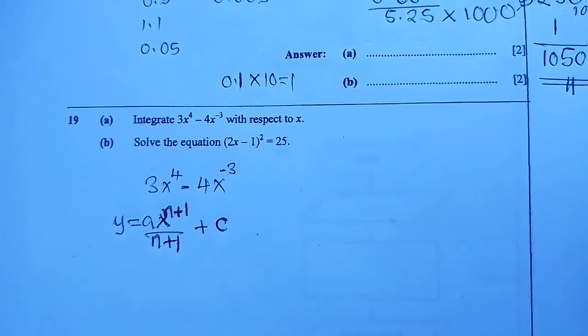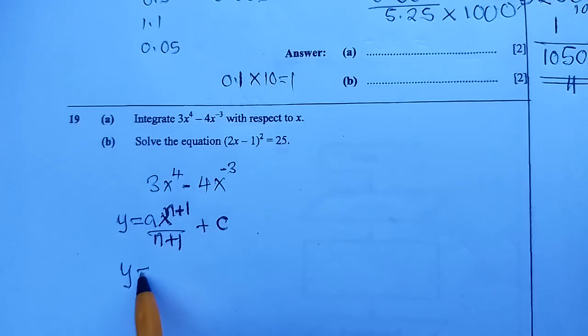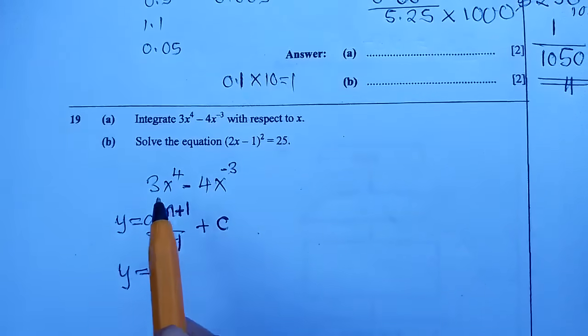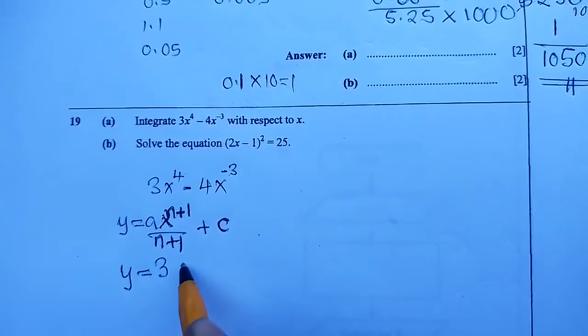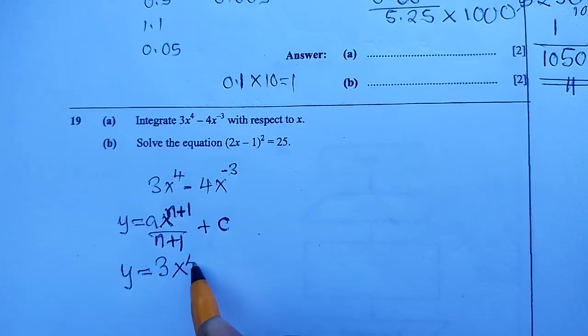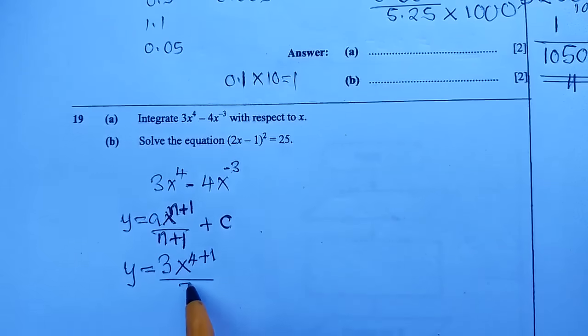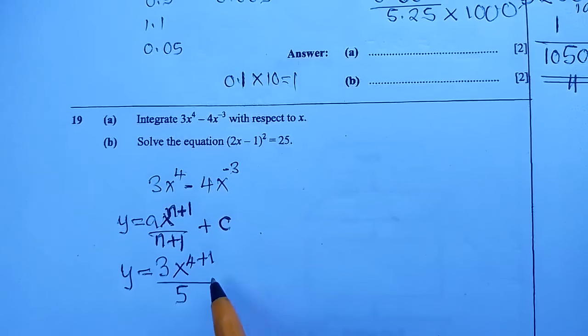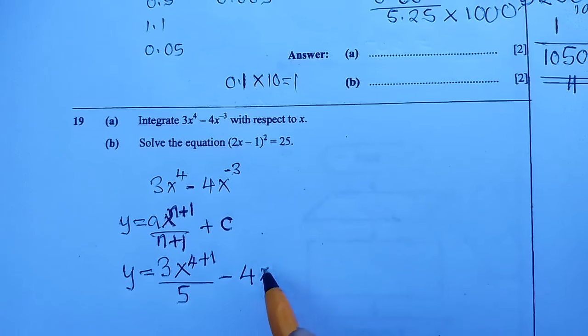Which means that here now you say y is equal to what? This one will just be adding a plus 1 there. So you say 3x, then 4 plus 1 over 4 plus 1, 5 comes there. You say minus, you've got a 4 there, x, you've got negative 3.